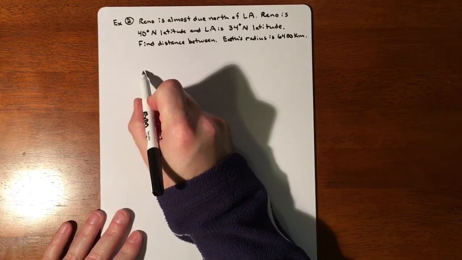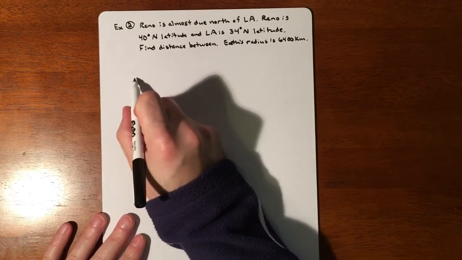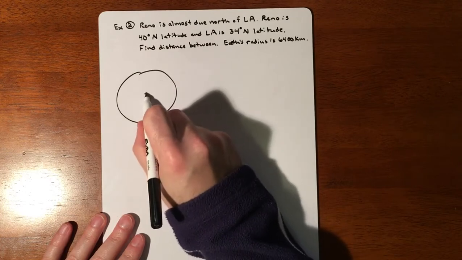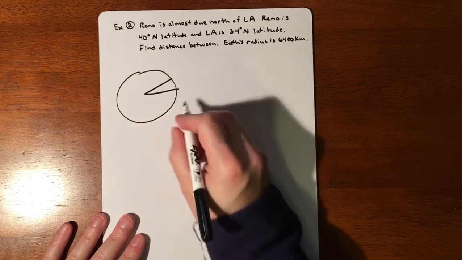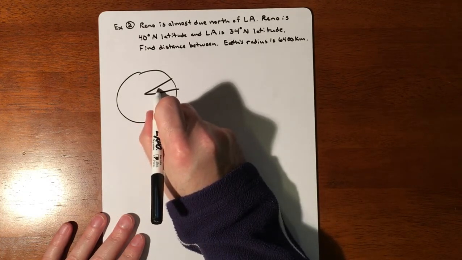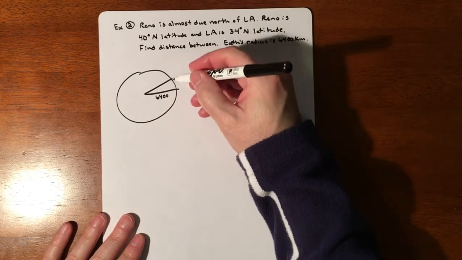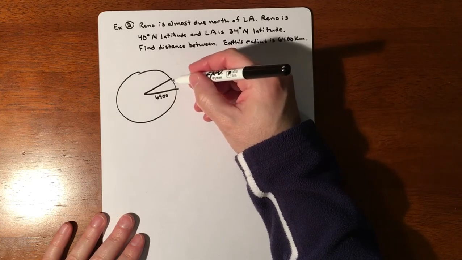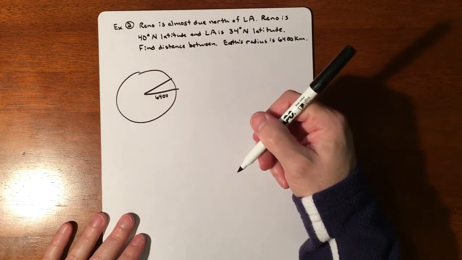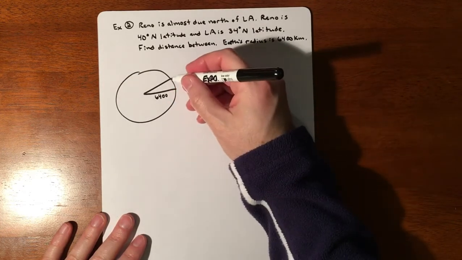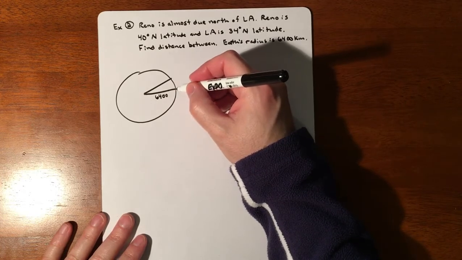The reason that this is in this arc length lesson is because we're actually talking about an angle measurement here. So Earth's radius is 6,400 kilometers, and the cities are a distance apart, but it's a distance on a circle. So we're going to try to figure out what that length is.